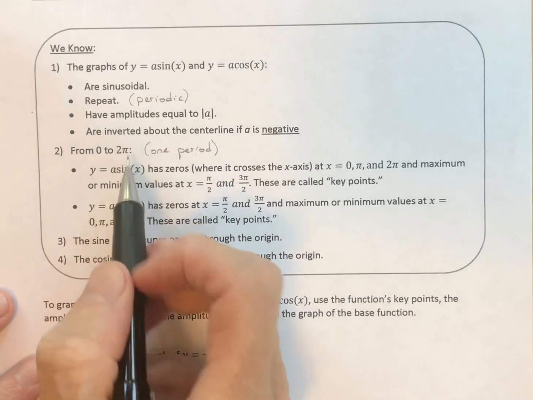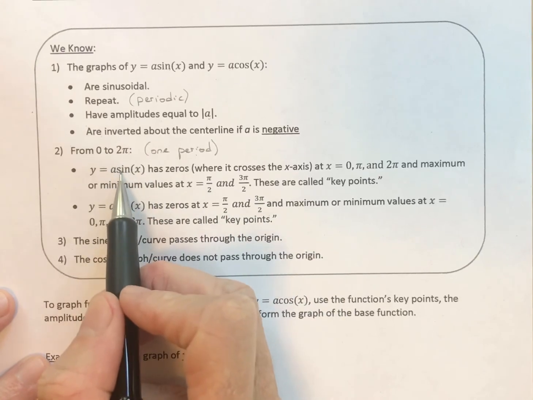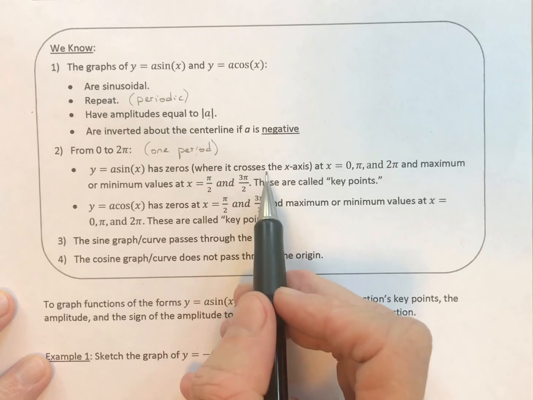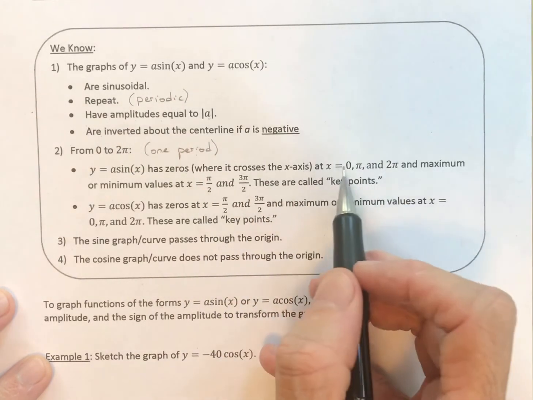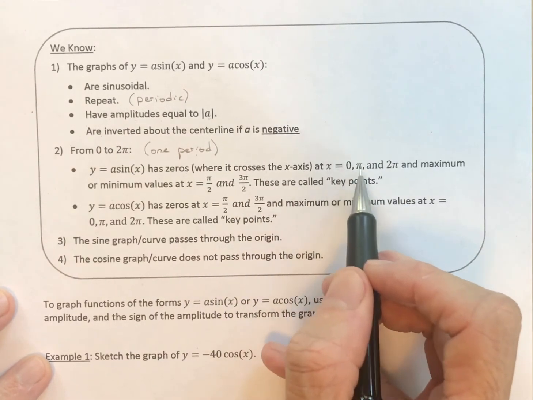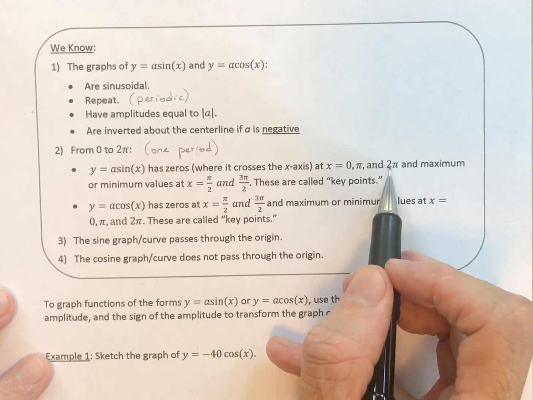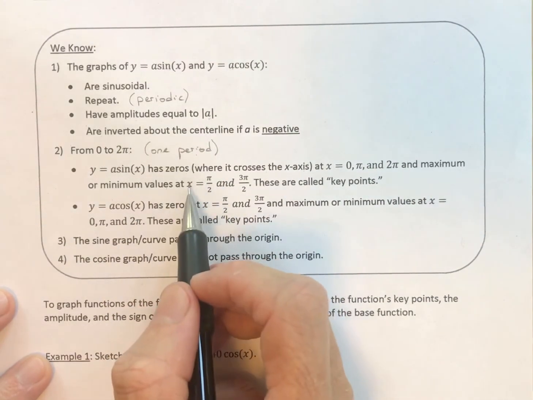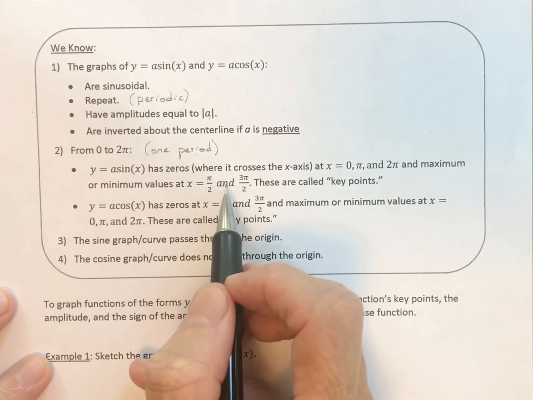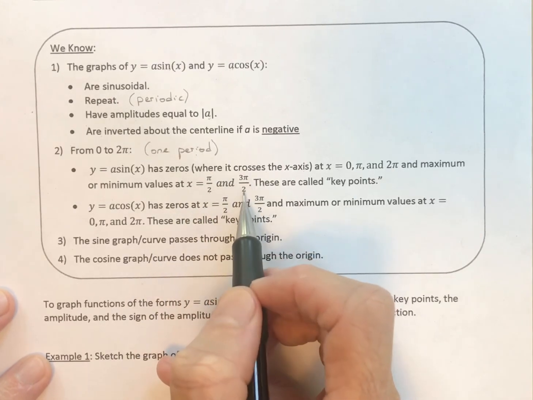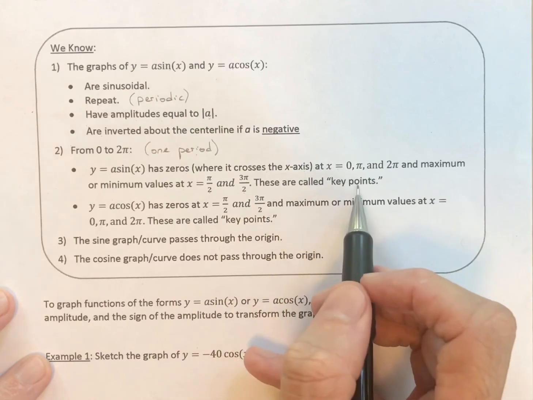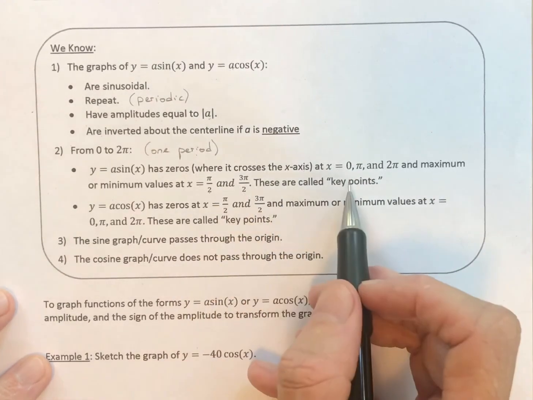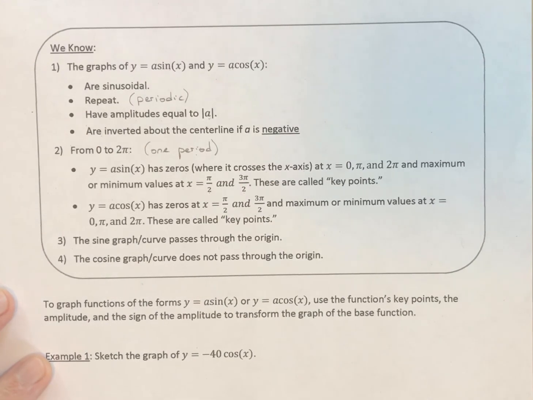So from 0 to 2 pi, the sine function has zeros, and again, zeros are where it crosses the x-axis, when x is equal to 0, pi, and 2 pi. And it has maximum or minimum values at x equals pi over 2 and x equals 3 pi over 2. These are called key points. Your zeros and your maxes and your mins are called key points.